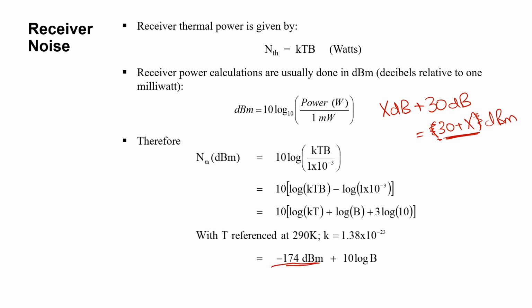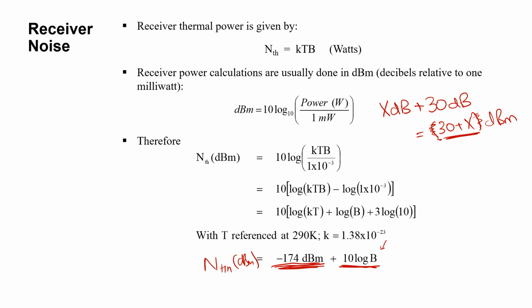This equation is very useful for high frequency system noise calculation. So N thermal in dBm is actually equal to minus 174 dBm plus 10 log B. So consider this B to be 1 Hertz, then the noise will stay at minus 174 dBm.